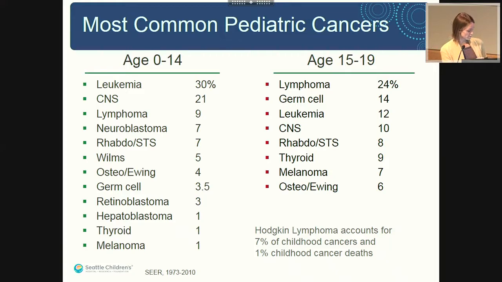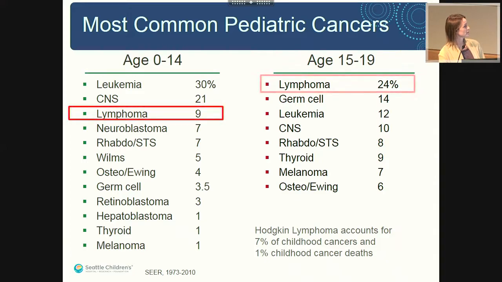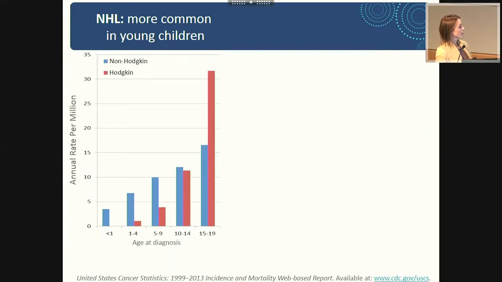So you can see that lymphoma is quite common in pediatrics. It's the third most common type of pediatric cancer, and in our adolescent patients, it's the most common. It's seen in 25% of adolescents, 15 to 19. Talking about the incidence of the two subtypes by age, you can see that the blue is non-Hodgkin's lymphoma, and it's much more common in these younger age groups.